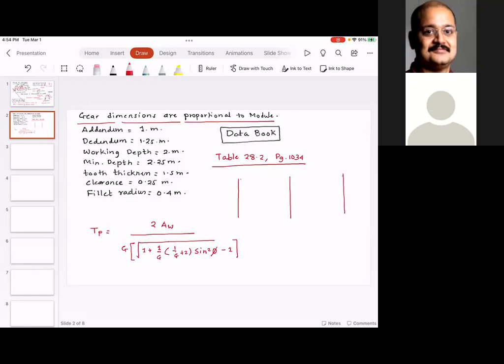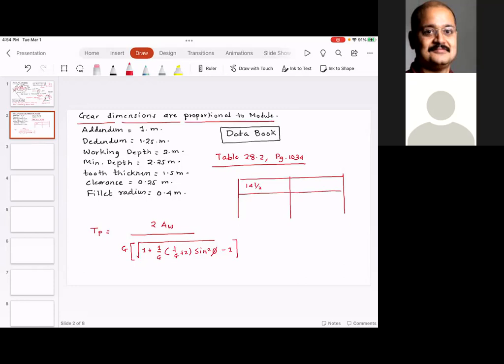So in 28.2, I'm designing for a 14.5 pressure angle. What is pressure angle? Can someone tell me? Pressure angle is the angle made by the line of action of force with the perpendicular to the interface.